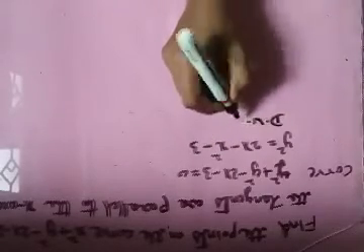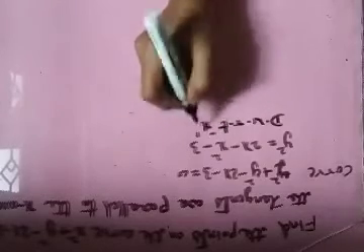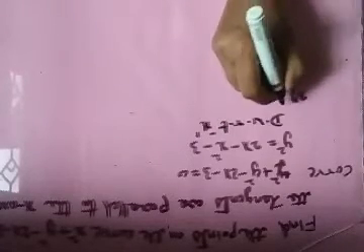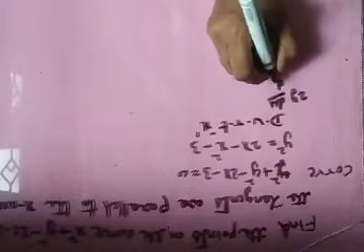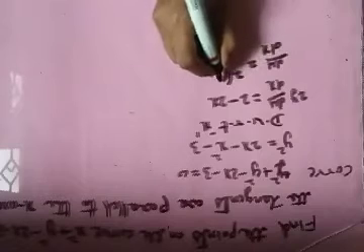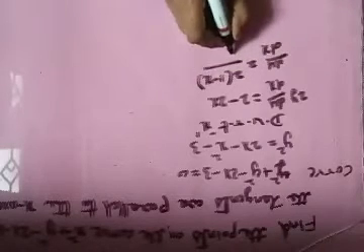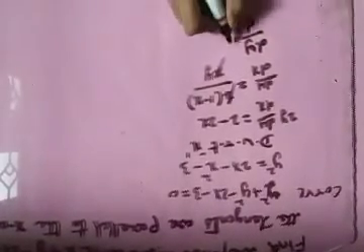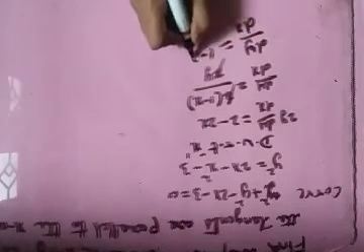Let us differentiate it with respect to x. 2y into dy by dx is equal to 2 minus 2x. So dy by dx is equal to, let us take 2 as common, 1 minus x divided by 2y. 2 gets cancelled. So dy by dx is equal to 1 minus x by y.